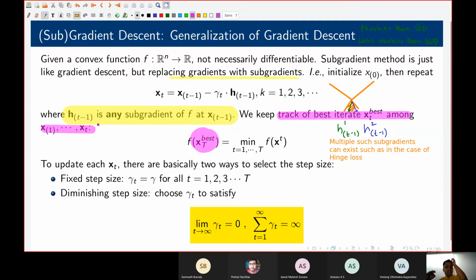So to update each xt, there are basically two ways: fixed step size or diminishing step size. Fixed step size for all values, like our gradient descent, but I'll tell you this doesn't work well at all. Or diminishing step size is what you typically encourage, where the gamma t's go to 0, but the gamma t's also should go to 0 in some particular way. Now, it's possible that gamma t's go to 0, but yet their sum is infinity.